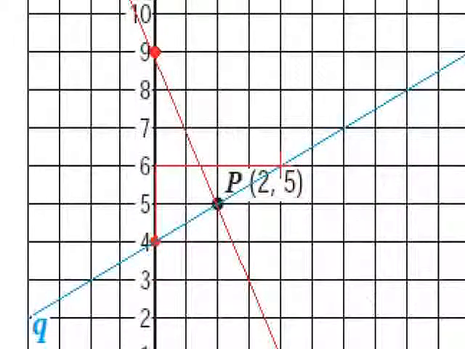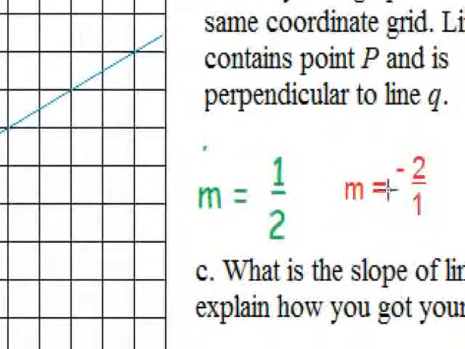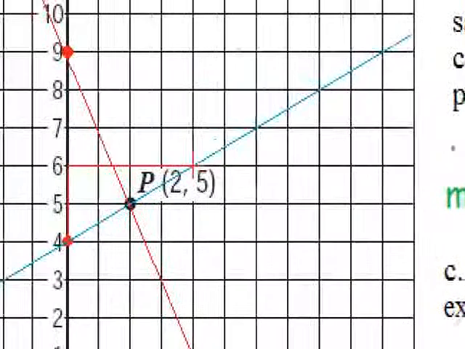The slope of the perpendicular line is negative 2 over 1. Since it's negative 2, instead of rising, you're going to sink down 2 spaces and then go over 1.